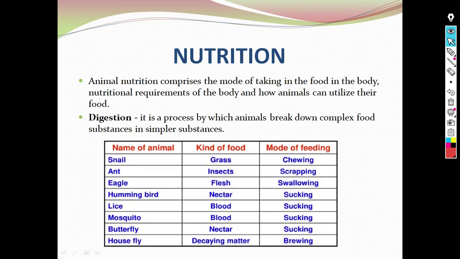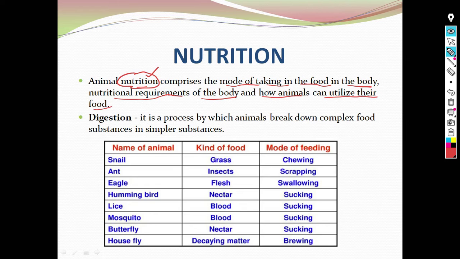Now next we are going to start with what is nutrition. We have already discussed nutrition in the last chapter also, but again we are going to give a small, simple definition once again. Animal nutrition is the mode of taking in food in the body, the nutritional requirements of the body, and how animals can utilize their food.